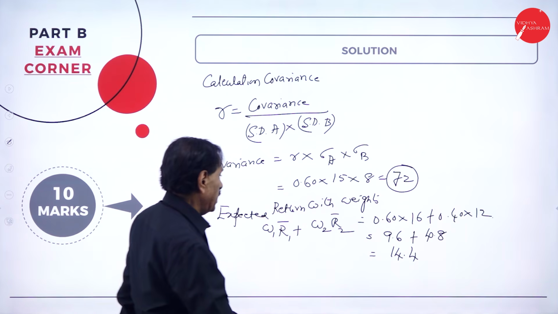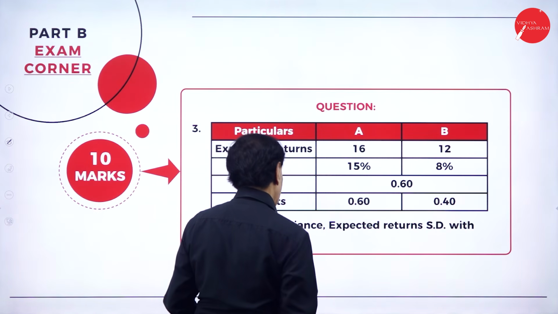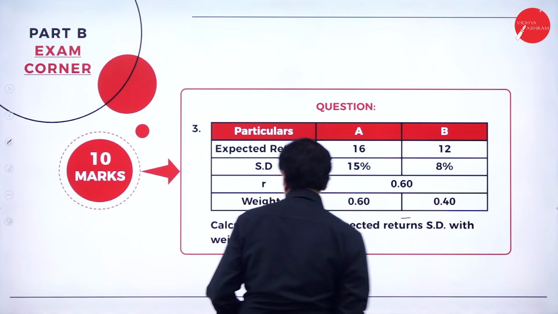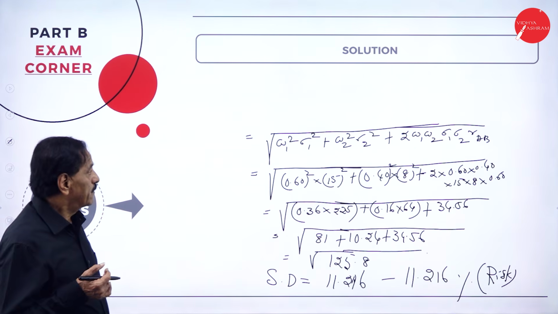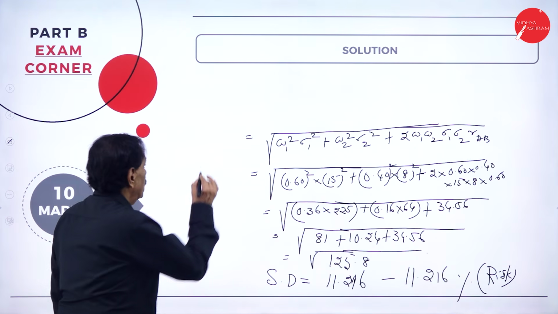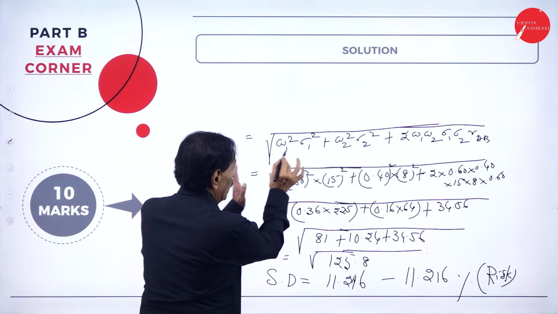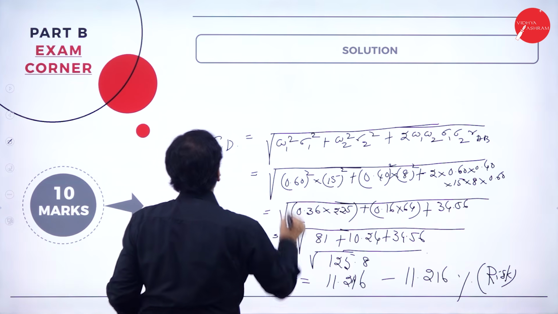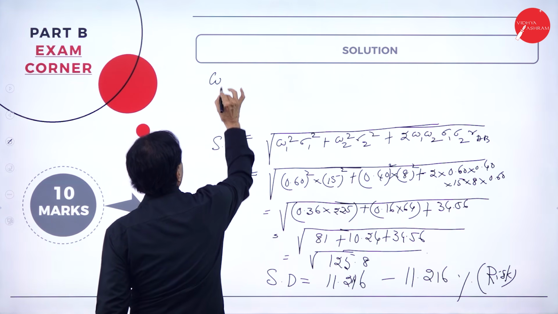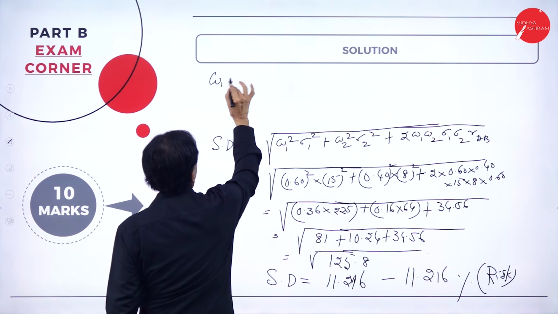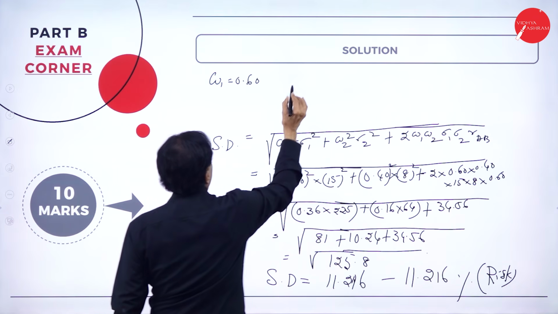So that goes to the second one. What is the next question they ask? This one. Standard deviation with weights. So before going to this formula, you have to know what W1 is. W1 is 0.60.